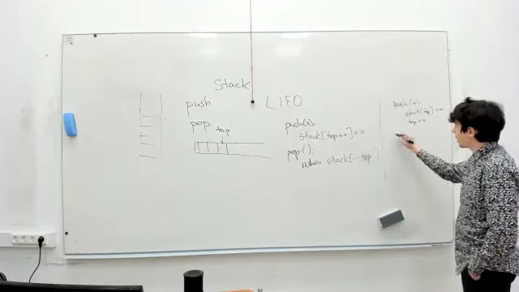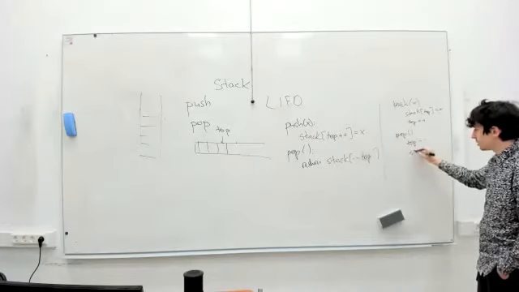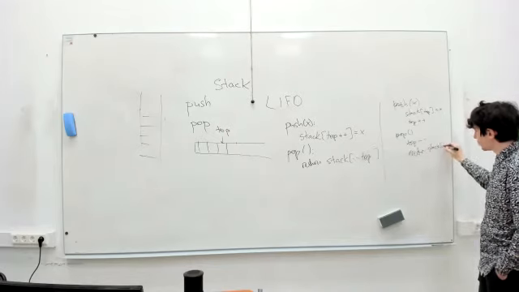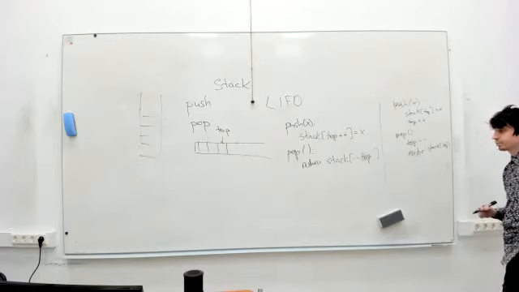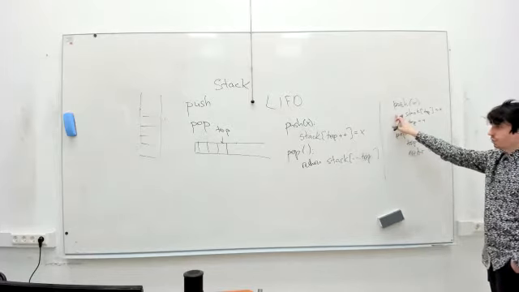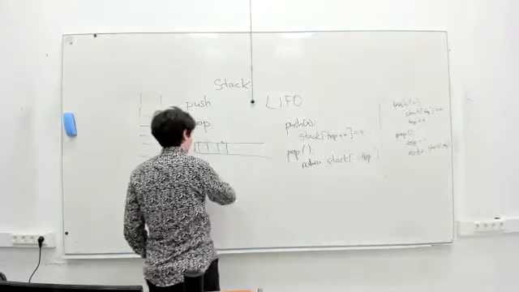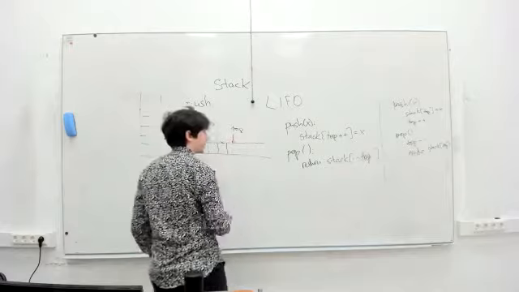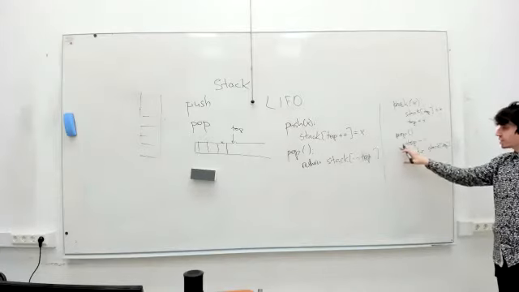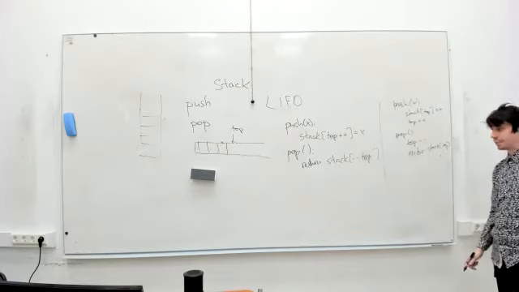And pop will be top--, return stack[top]. So you put the element on the top and then you increase top. In my algorithm, top will always point to the next empty cell. Then for pop, you just decrease the size and return the element that is on the top.